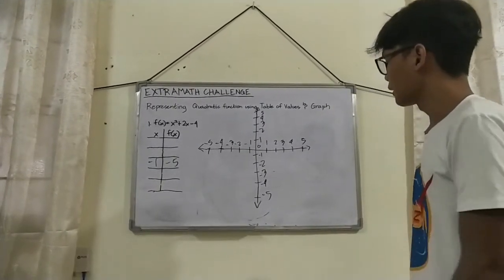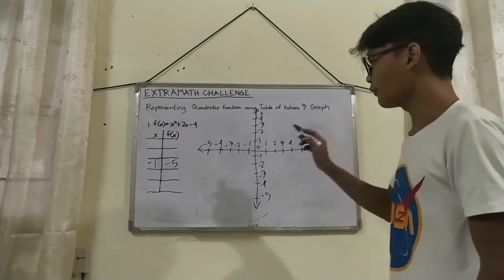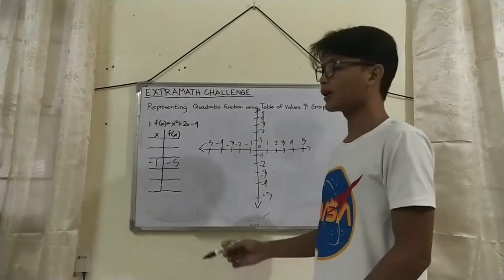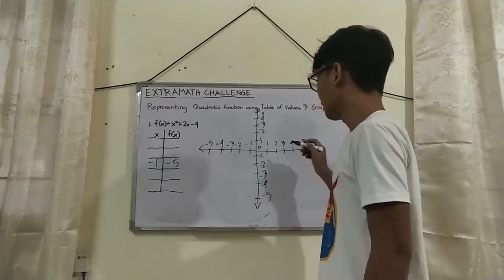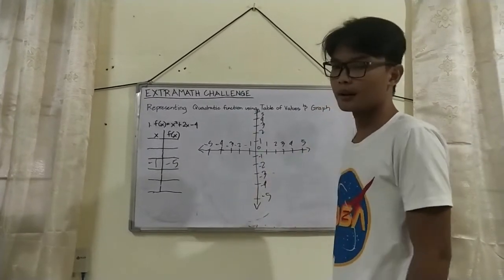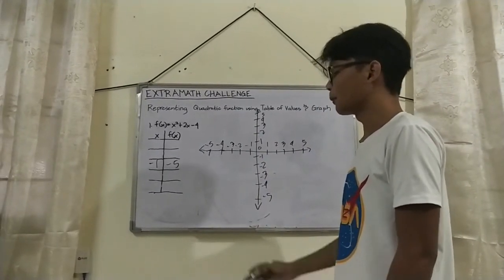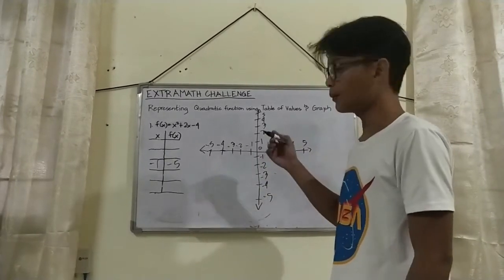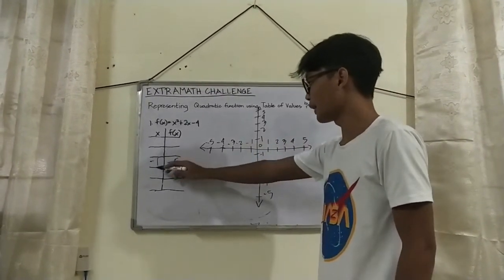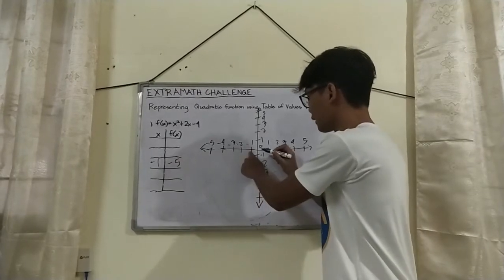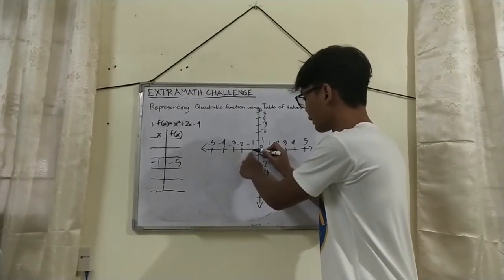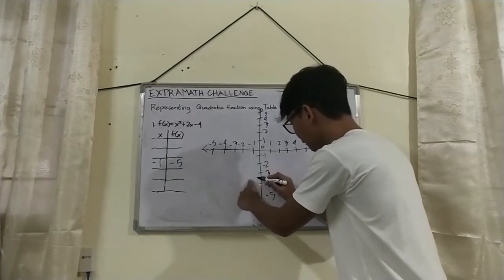So, the vertex of our quadratic function is negative 1 and negative 5. We'll plot this coordinate in the Cartesian plane, where we have an x of negative 1 and a y of negative 5.